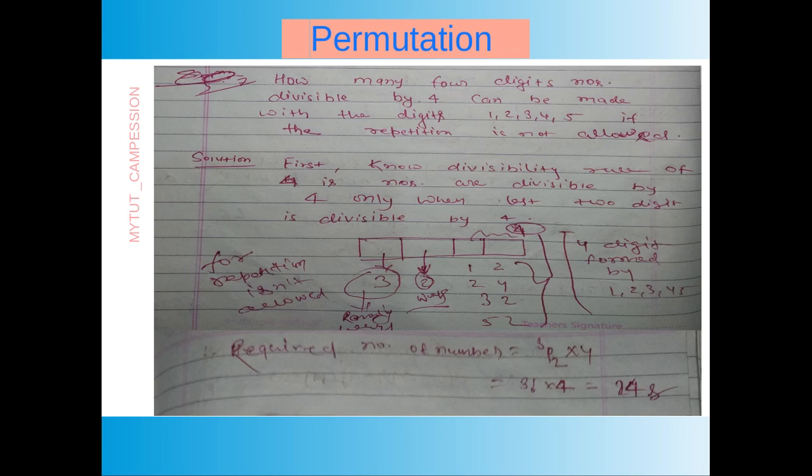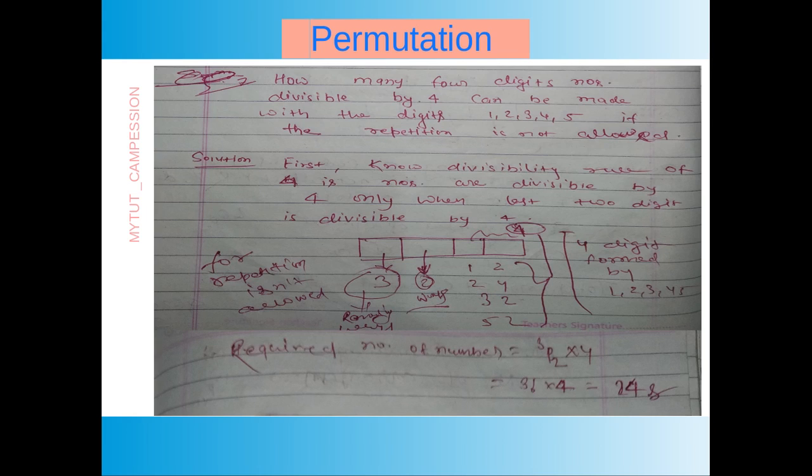Now the next question is: how many 4-digit numbers divisible by 4 can be made with the digits 1, 2, 3, 4, 5 if repetition is not allowed? For the solution, first note the divisibility rule of 4.